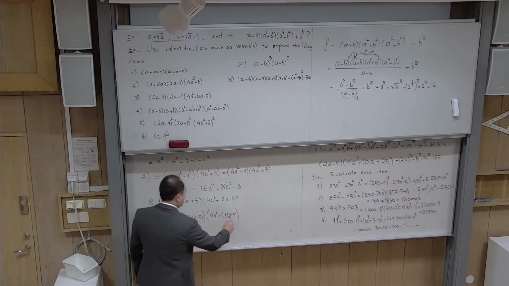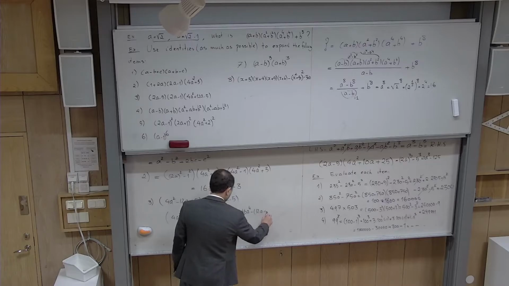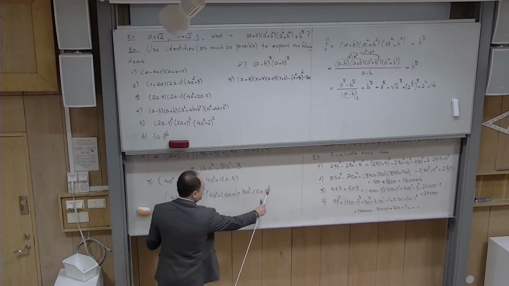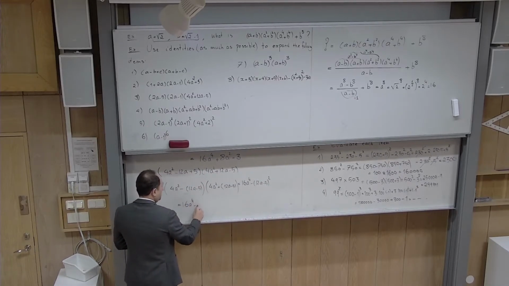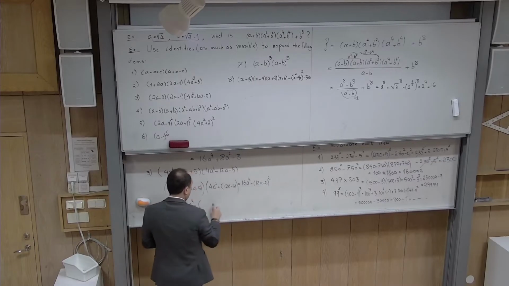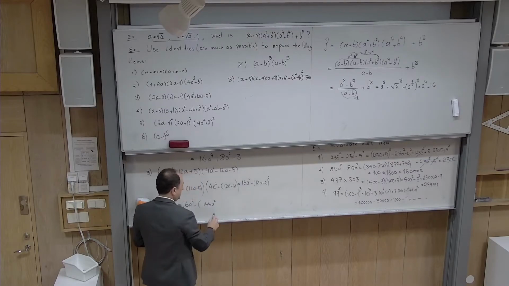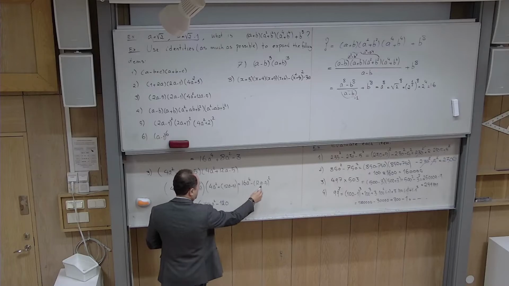So the answer is the first one squared, which is 16a to the 4, and minus the second one squared. Yes? But what you need to do again, you have to use a squaring pattern here. So this becomes 16a to the 4th, and then minus. The first one squared is 144a squared. 2 times the first one times the second one is minus 120a.